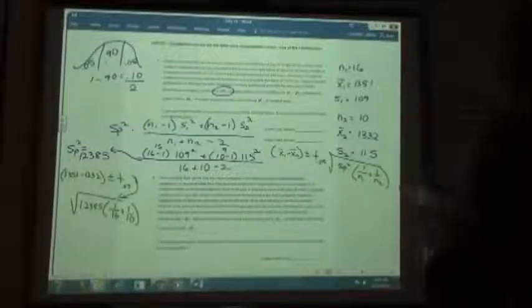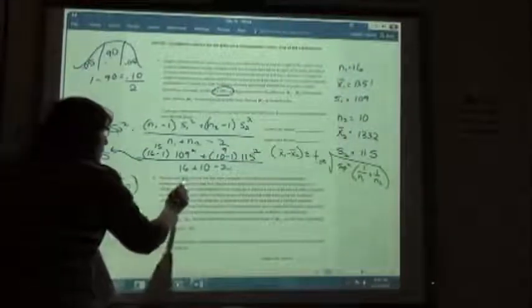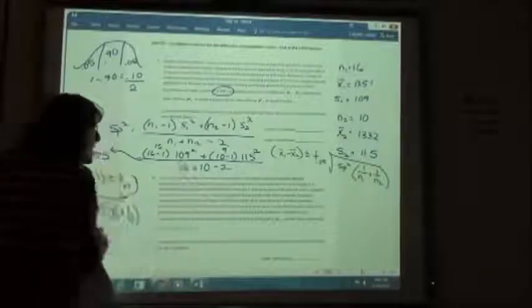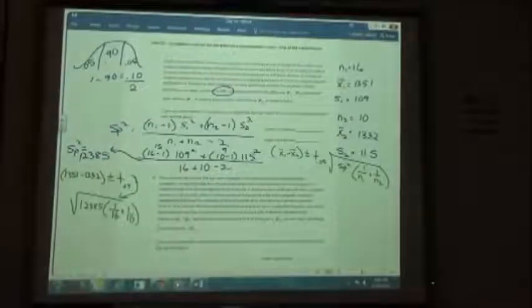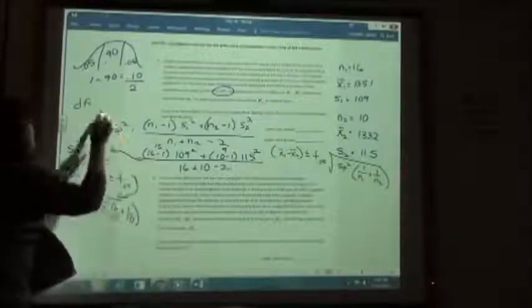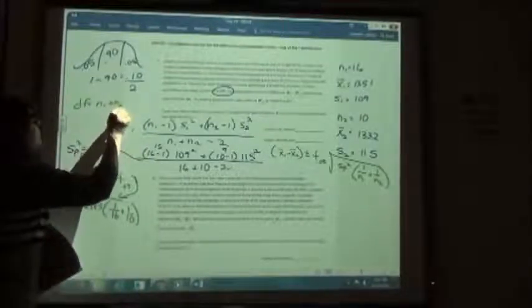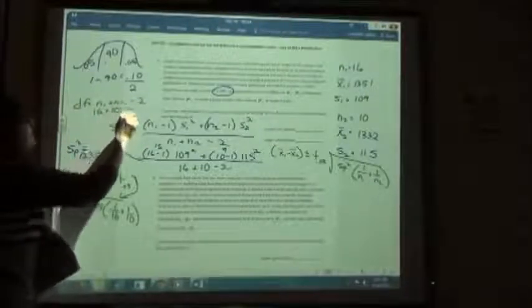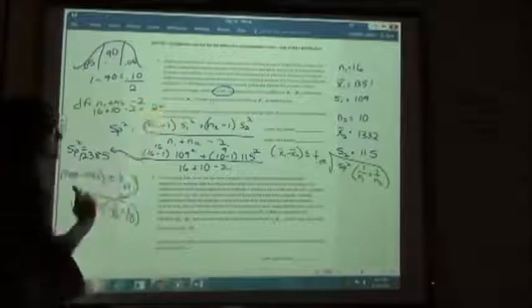Oh, yes, the T has to have the degree of freedom. My degree of freedom is going to be whatever you're getting for this bottom number here, which in this case I'd have 26 minus 2, which is going to be 24. So your degree of freedom is going to be that N1 plus N2 minus 2. 16 plus 10 minus 2, 24.